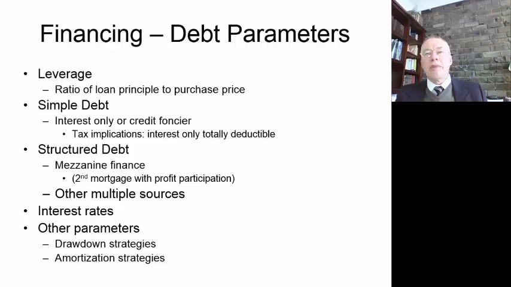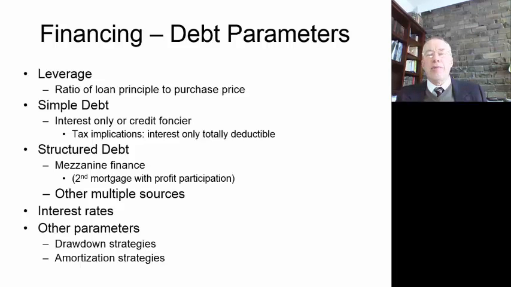In some cases, investors may want to use more complex debt than we're considering here. Here we're only considering one mortgage, one loan. In some property investments, especially in property development, it's not uncommon to use more than one source of debt. In particular, there is a type of debt called mezzanine finance, which is a debt loan which is borrowed in addition to what you can get from a regular bank.